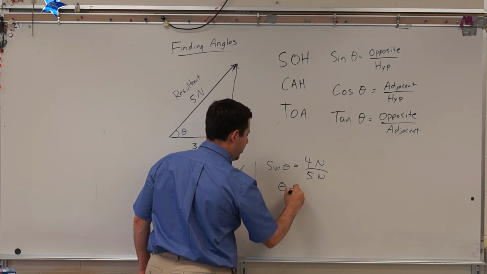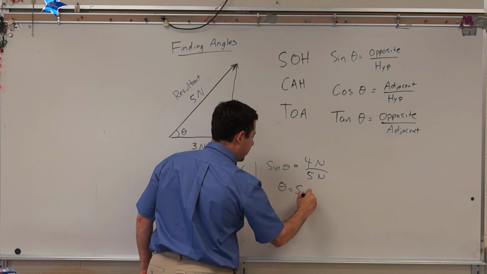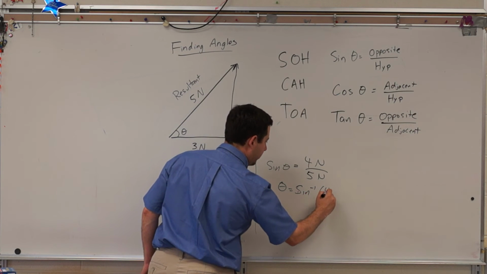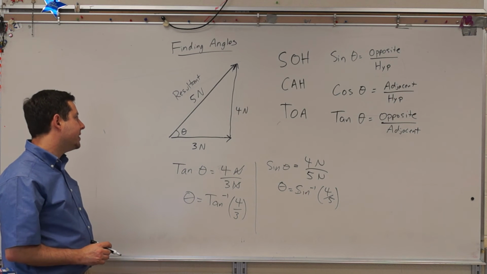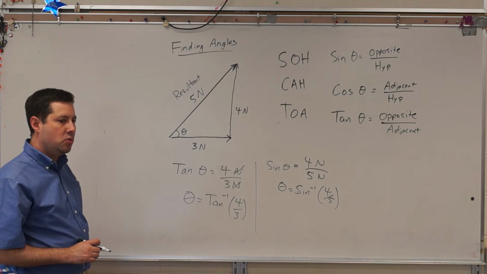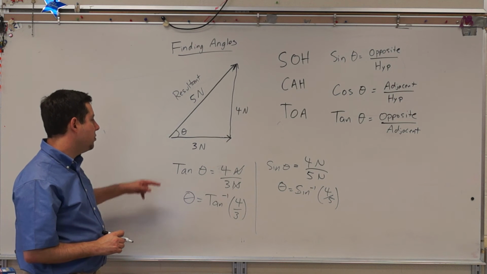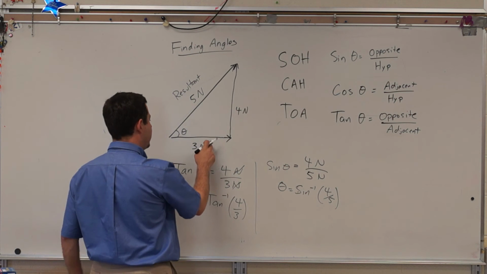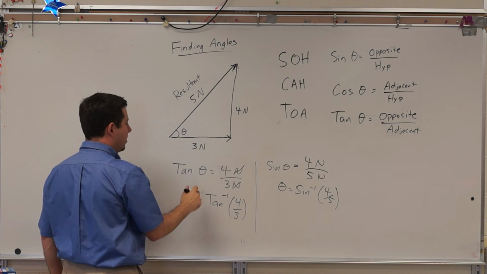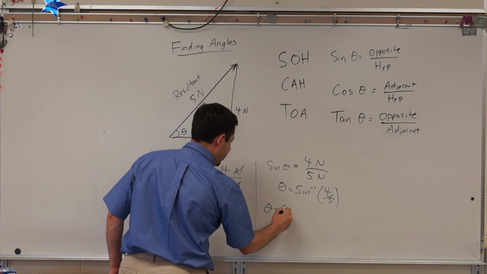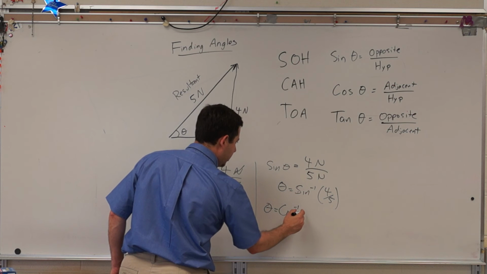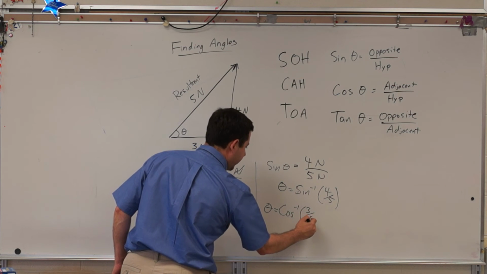So theta would then be the inverse sine of 4/5. You can apply the same logic using cosine as well. If cosine is 3/5, then theta should be the inverse cosine of 3/5.